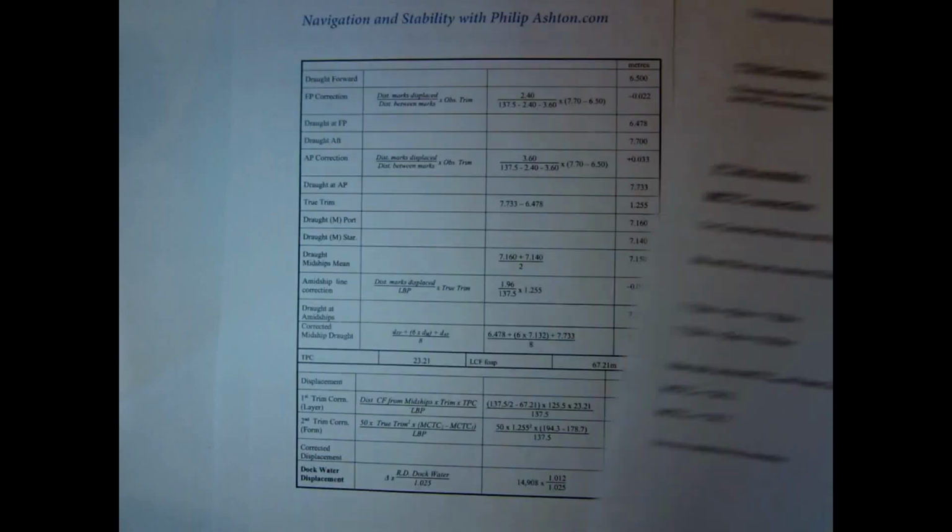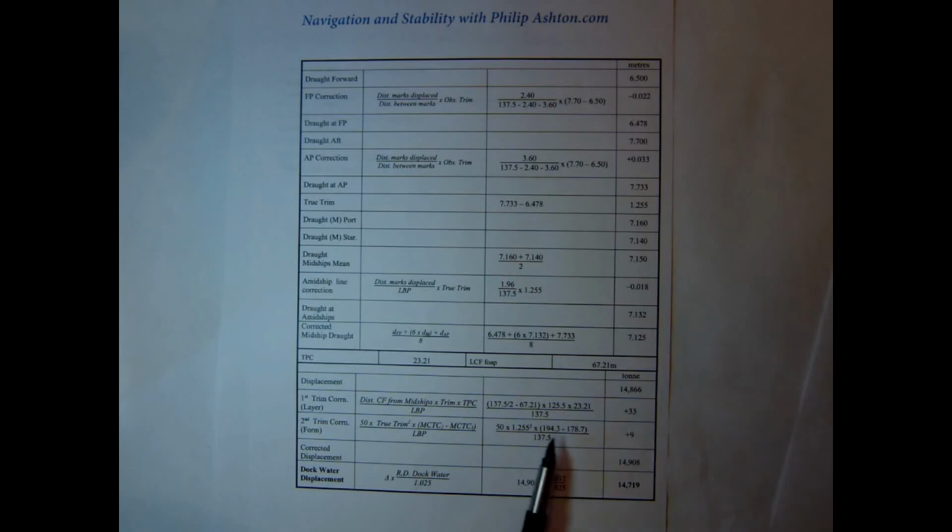What we do is add and subtract 50 centimetres to that value, 7.625, 6.625. Now we go into the MCTC saltwater values and get those two values. So we get them 50 centimetres either way, and we write them there, subtract one from the other, and that gives us our second trim correction.